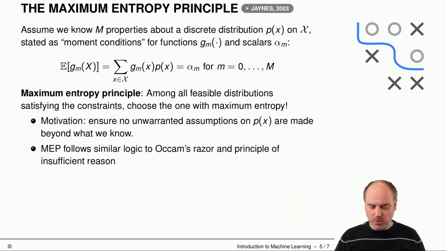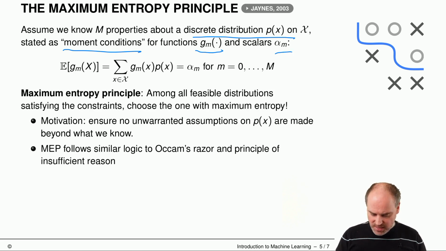So let's assume that we know m properties of a discrete distribution p(x), and these are stated as so-called moment conditions. So we are being given some functions g_m and some scalars alpha_m, so that the expectation of this function g_m(x) equals alpha_m.